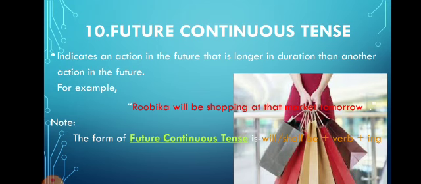See, the action will be taking place in the future, but the future is not certain. Subject plus will or shall, modal verbs, along with be, because we don't have be verbs in the future, so we use be, plus verb plus ing, because this is continuous form, we use ing.